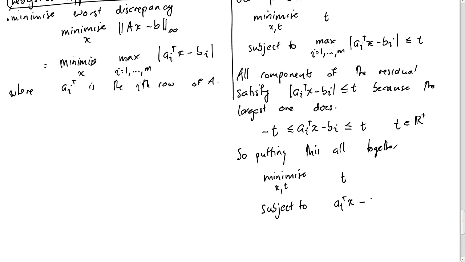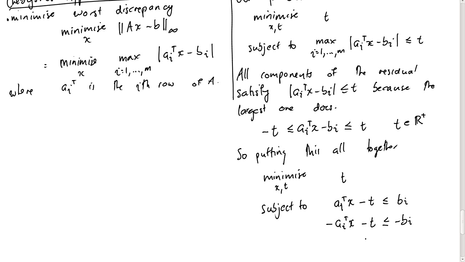So ai transpose x minus t is less than or equal to bi from the right hand inequality, and negative ai transpose x minus t is less than or equal to negative bi. That's from the left hand inequality.